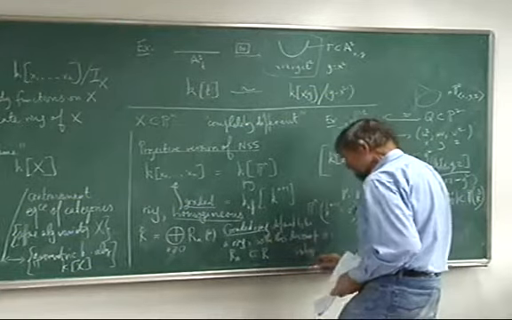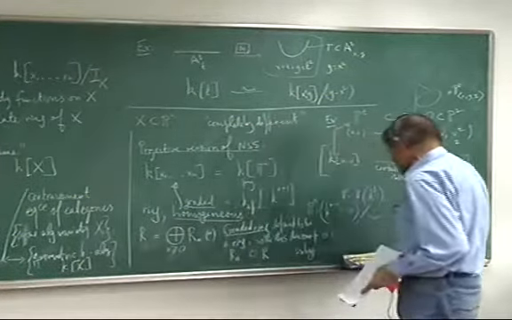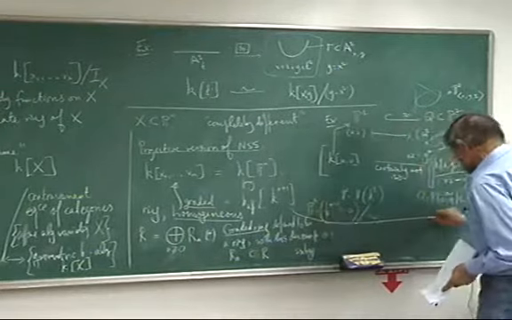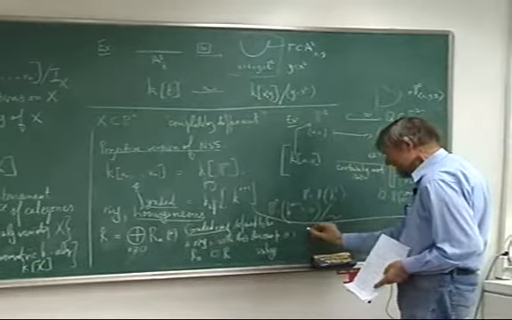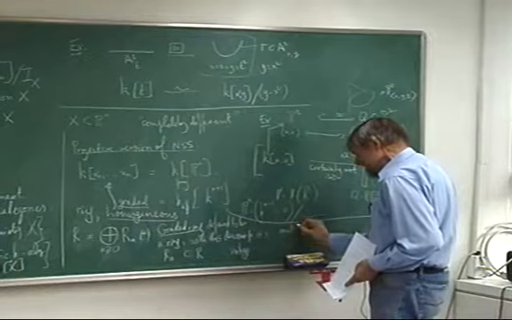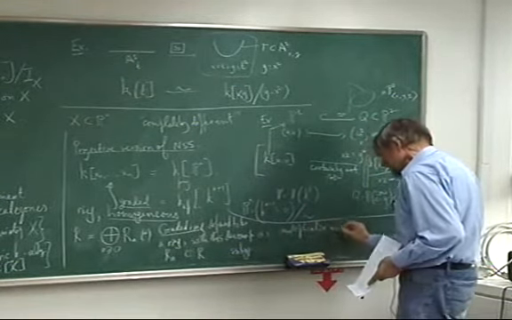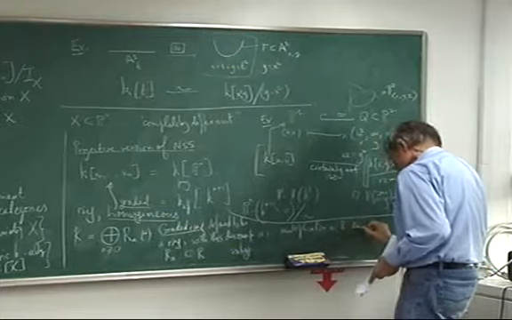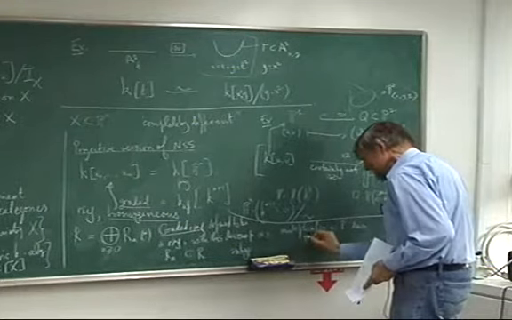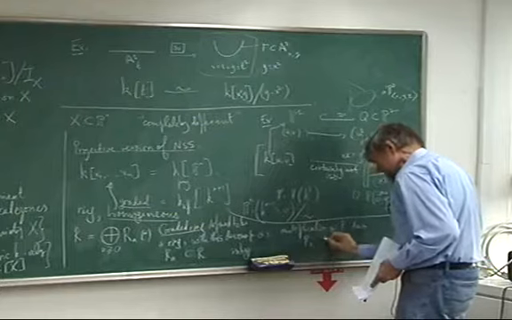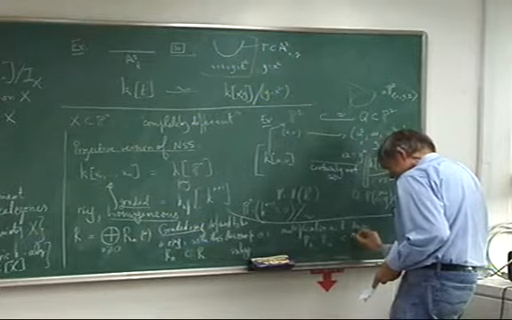So it's an additive subgroup, and the multiplication of the ring is such that Rn times Rm is contained in R n plus m.